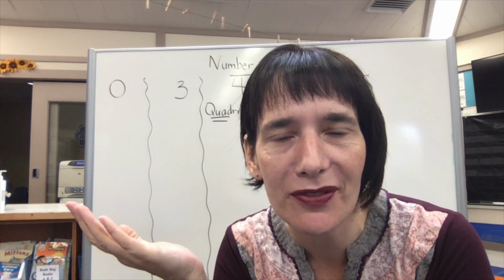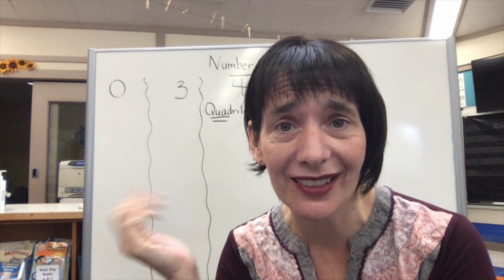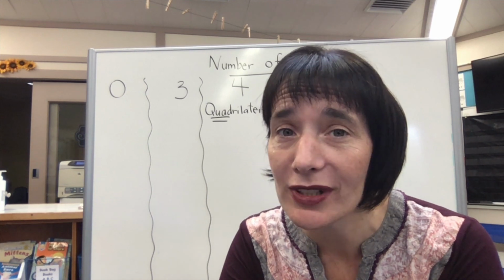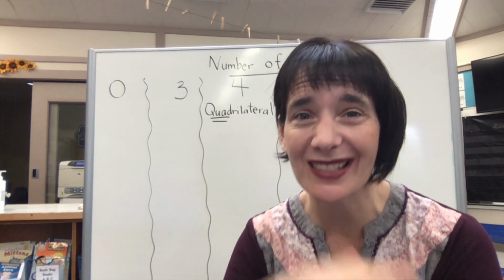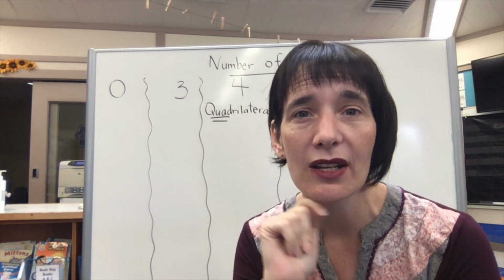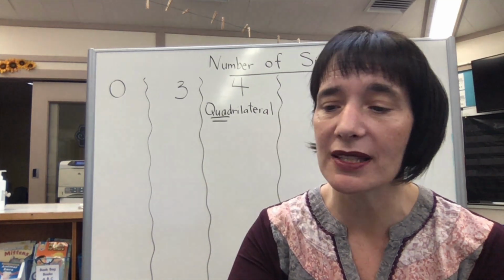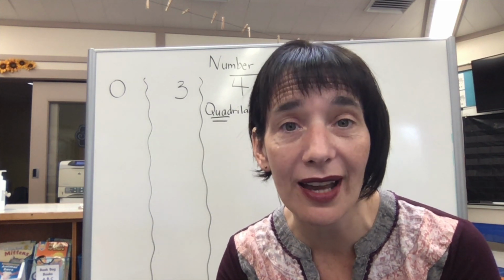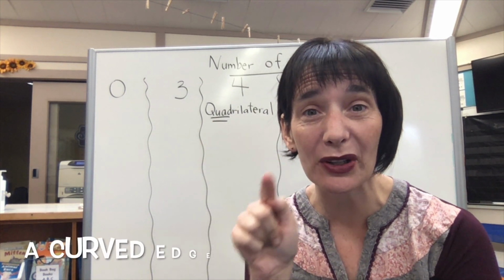Well, first you have to ask yourself the question, what is a side, right? So the side in a shape in geometry, special math language, means that it's straight, right? It's a straight side. So that means that shapes like a circle are definitely not going to have any sides because they're curved.